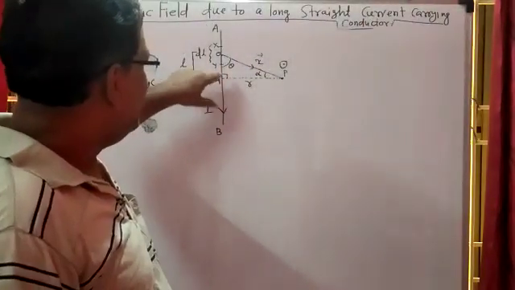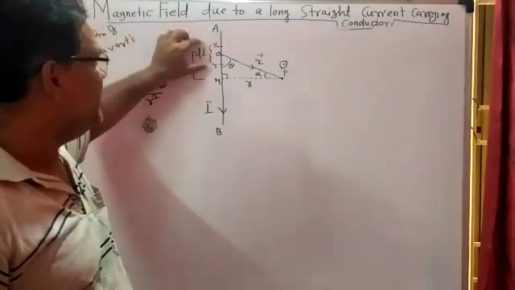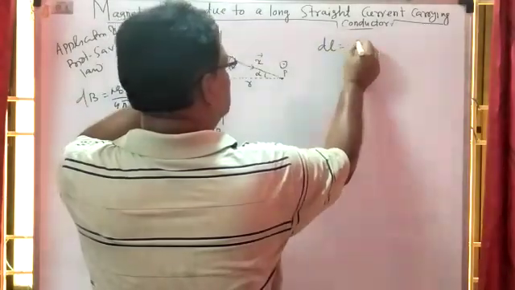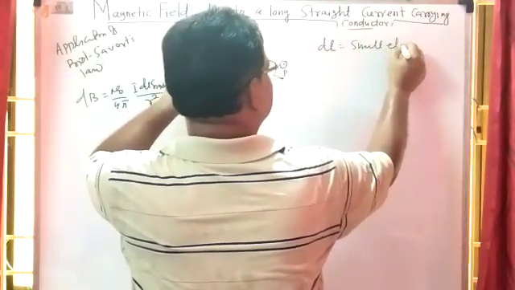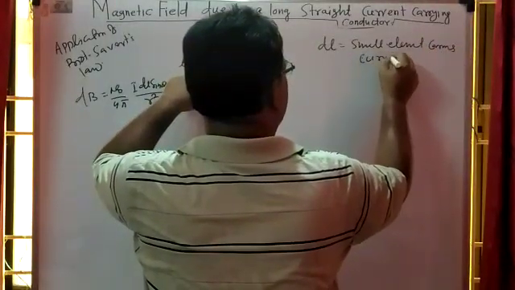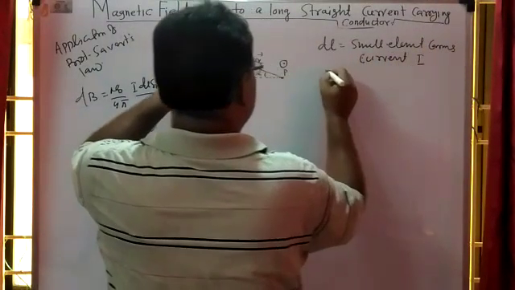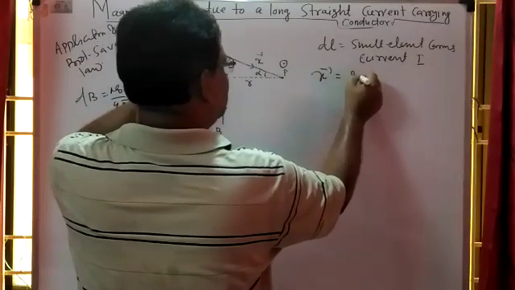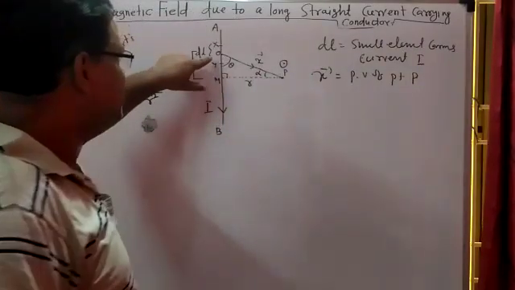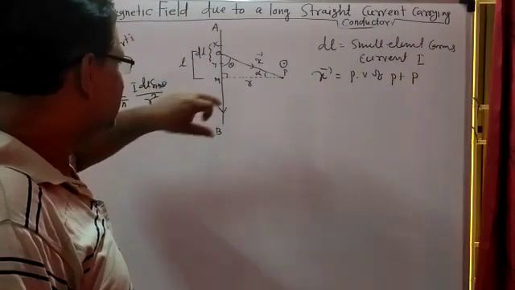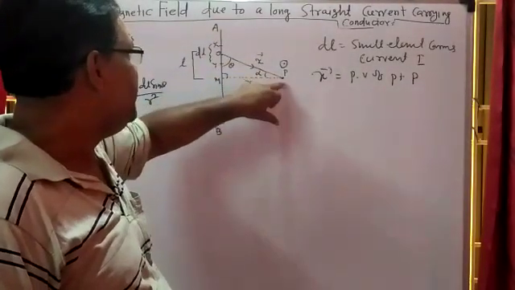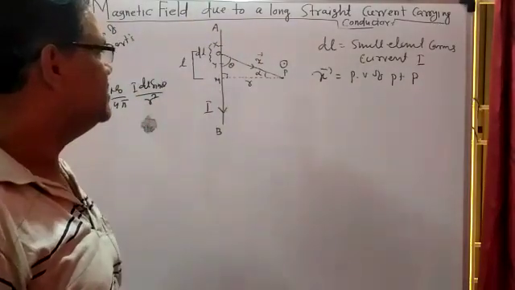Here, already you have taken that XY is the small element dl, carrying current I, and x vector is the position vector of point P from the center of the element, and r is the perpendicular distance of the point P from the current carrying conductor AB.